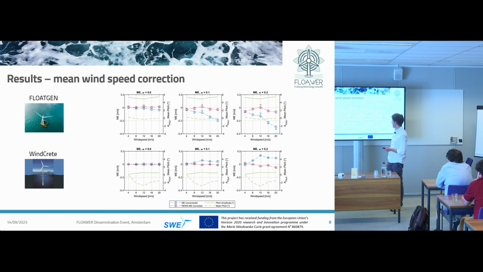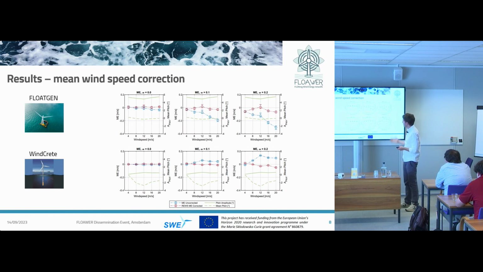If you look first at the solid green line in the first line for FLOAGEN, the solid green line represents pitch amplitude over different wind speeds here. And you see that the FLOAGEN floater has relatively high pitch amplitudes, around 5 degrees, but low mean pitch angle. So the dashed line is the mean pitch angle.